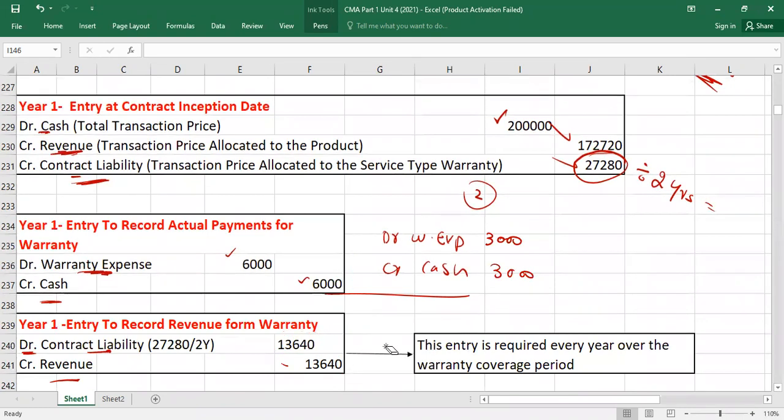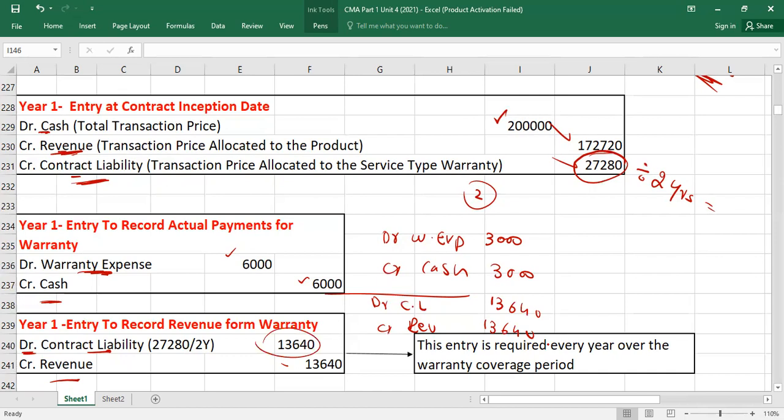You will pass the same entry: debit contract liability and credit revenue by the same amount, 13,640. Clear? So over 2 years, what happened? You recorded warranty expense and you also recorded revenue from the warranty, over 2 years. Understood?